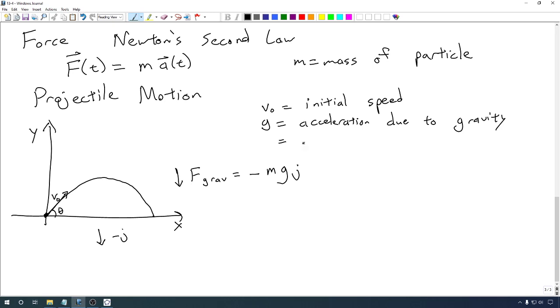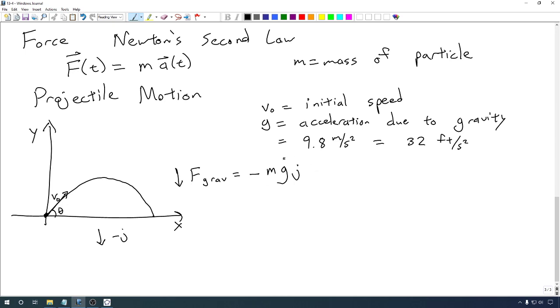So the acceleration due to gravity is approximately 9.8 meters per second squared, or it could also be 32 feet per second squared. Just different units here. The book brings up the 9.8 one, but in the problems it has some that deal with feet, so you might have to use the 32 as well.